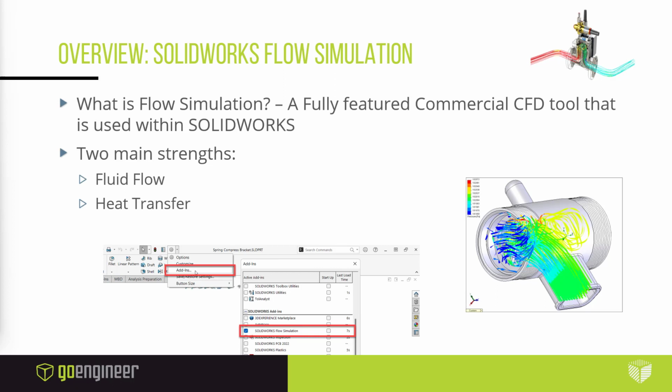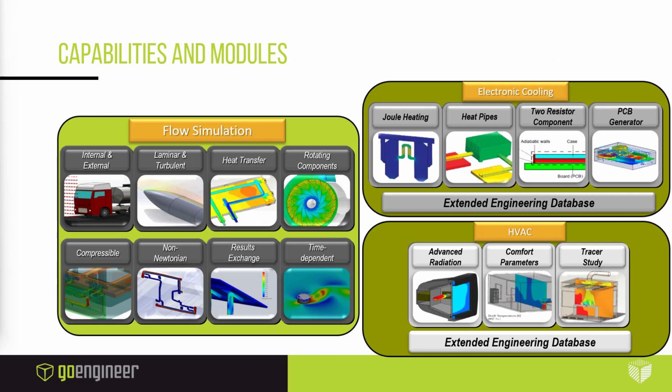In addition, there are other tools in the software that allow flow simulation to keep its strength for many other applications. Let me touch on some of the more noteworthy bits from this slide. Among these capabilities, some that I like to point out here are internal and external flows.